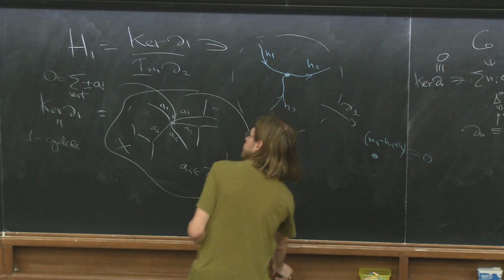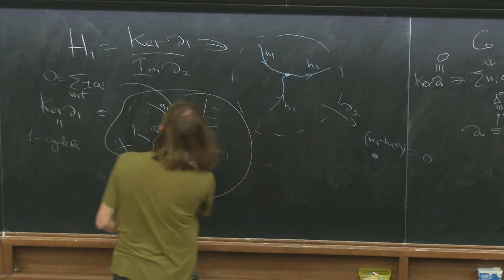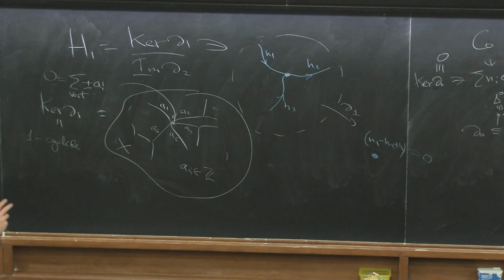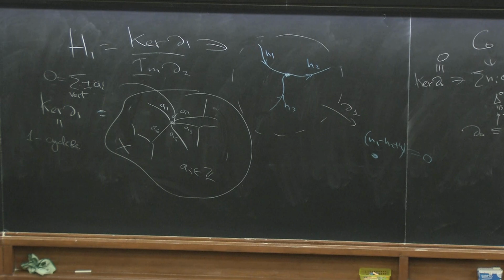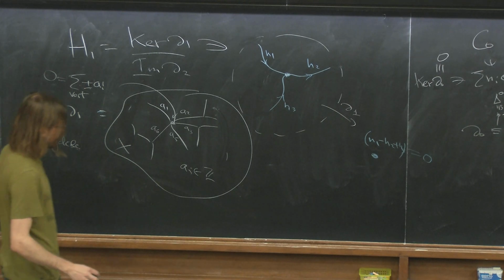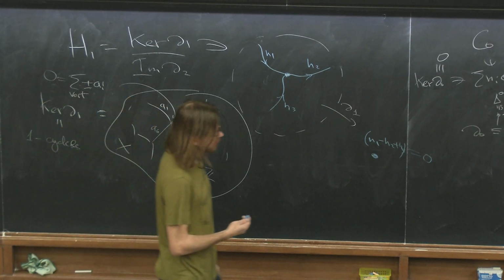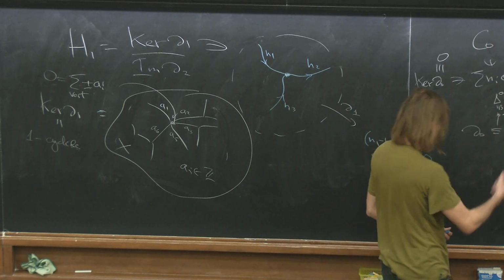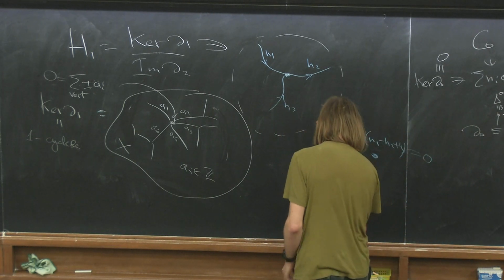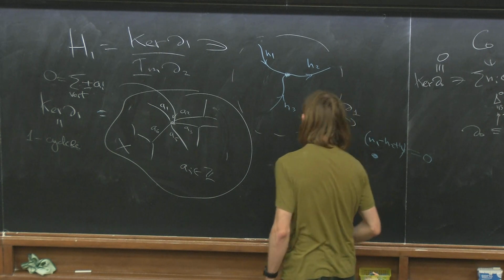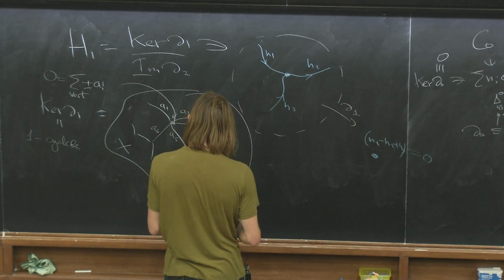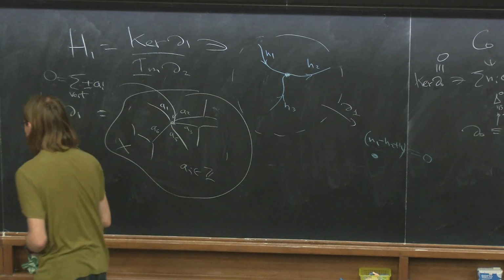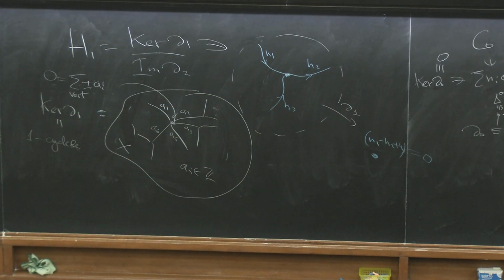And okay, but then you also have to consider an equivalence relation on such singular one cycles. And similarly here, we are allowed to add a D2 of some two chain.